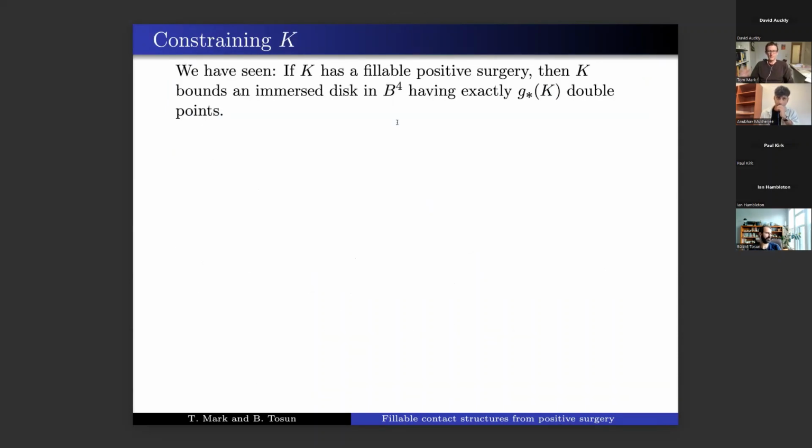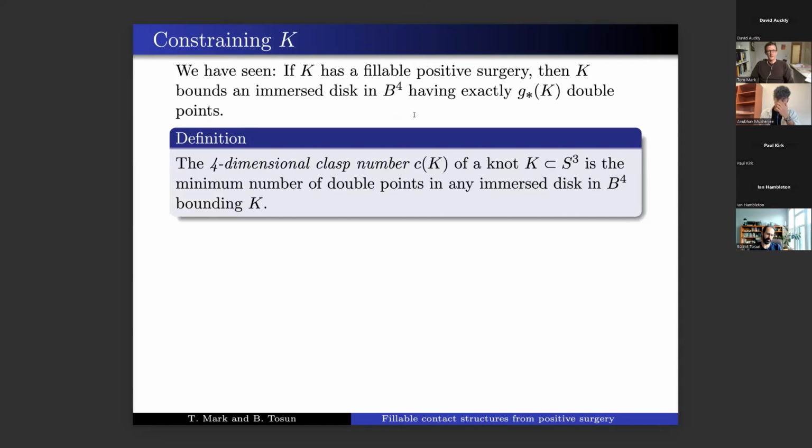One consequence of that proof is the following. If you have a fillable surgery, then you bound an immersed disk, and you can make all the singularities transverse double points, and in that case there would have to be g star of them, the slice genus number of them.